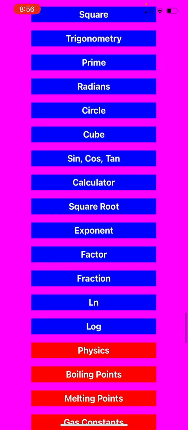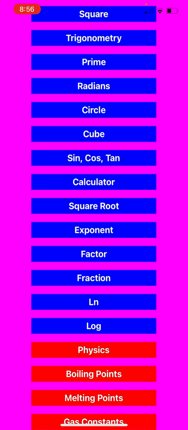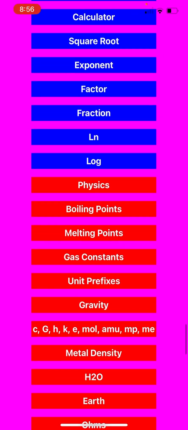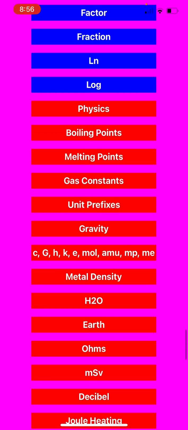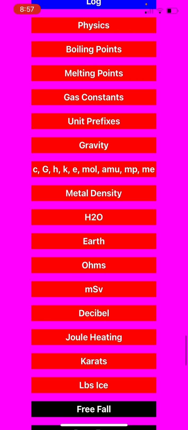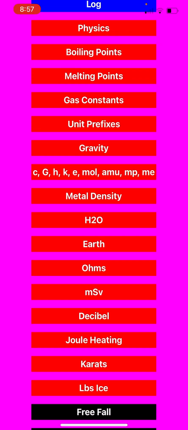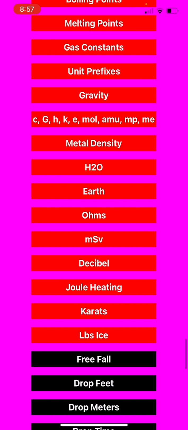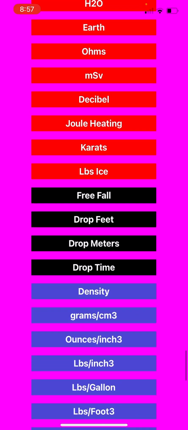We have everything from trigonometry to prime numbers, factors, fractions. We have a really interesting fraction button that will take decimal points and try to make fractions out of them. A very interesting thing. We have a bunch of physics things such as boiling points and gas constants and different interesting information.